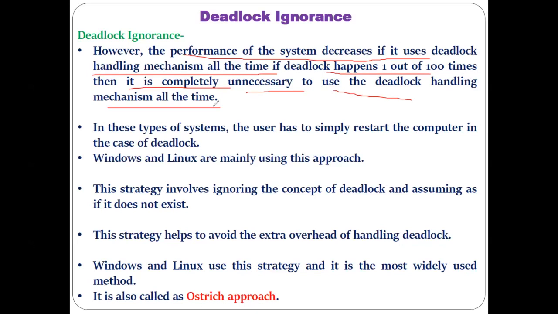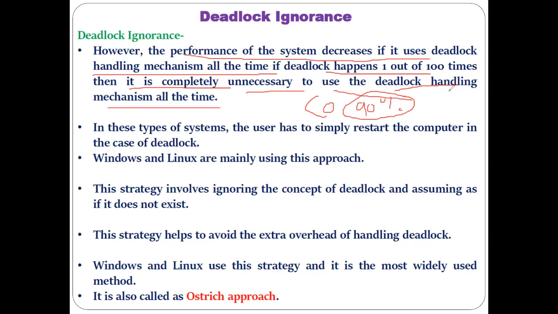But in the world, computer systems are normally utilized by normal users, 90% of them, who are doing normal work on the computer, like browsing different sites, doing calculations, etc. So for this kind of work, there is no need to apply the deadlock handling mechanisms, like deadlock prevention, avoidance, detection and recovery.